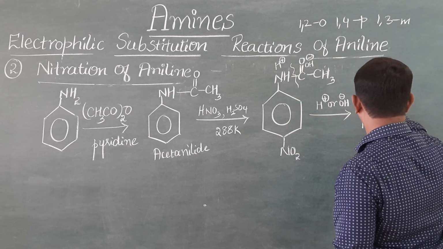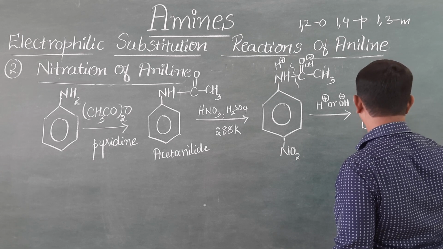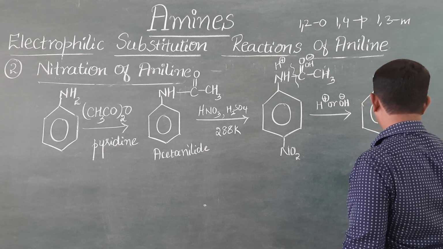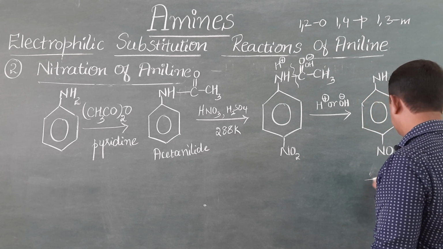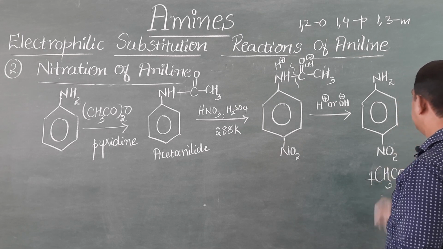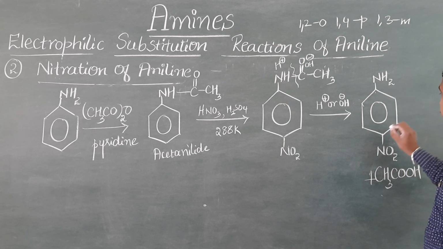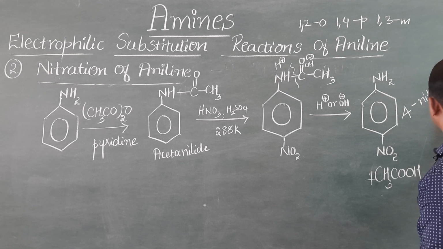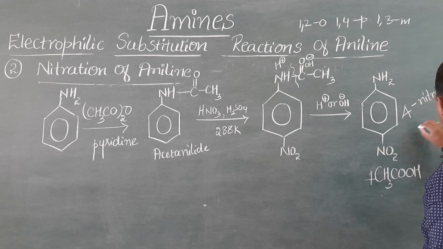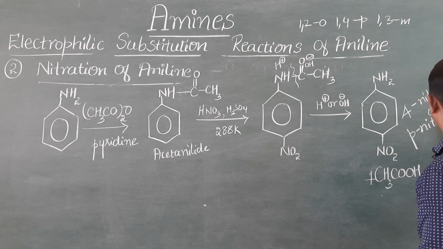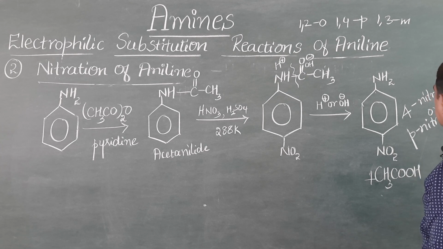The formed product has NH2 and a nitro group, with byproduct CH3COOH. The name of this product, numbering 1, 2, 3, 4, is 4 nitroaniline, or para nitroaniline.